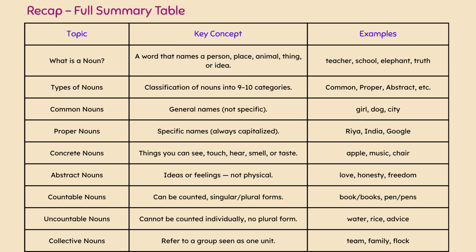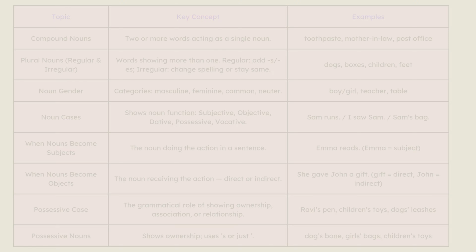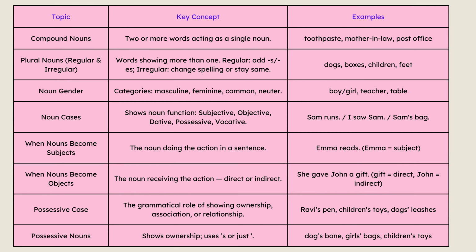These refer to a group of people, animals, or things, seen as one unit. Examples: team, family, flock. Compound nouns. These are made by joining two or more words to form a single noun. Examples include toothpaste, mother-in-law, post office.